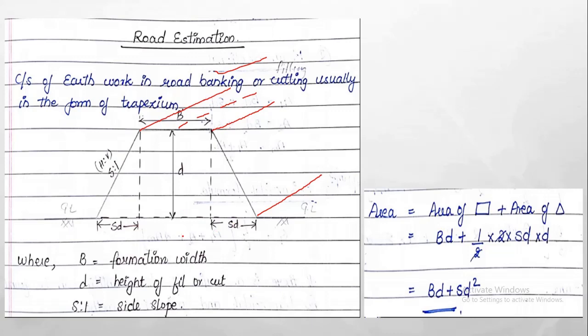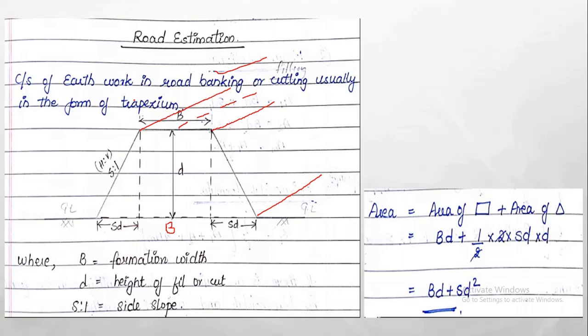So the total bottom width will be b plus sd plus sd, right? This is b, this is sd, and this is sd. The terms are already mentioned here. B is equal to formation width, D is equal to height of filling or cutting, S to 1 is the side slope.